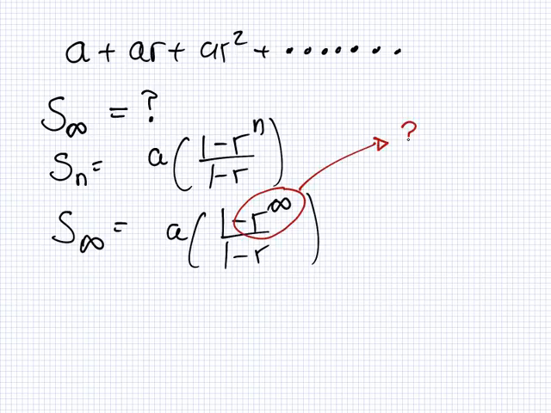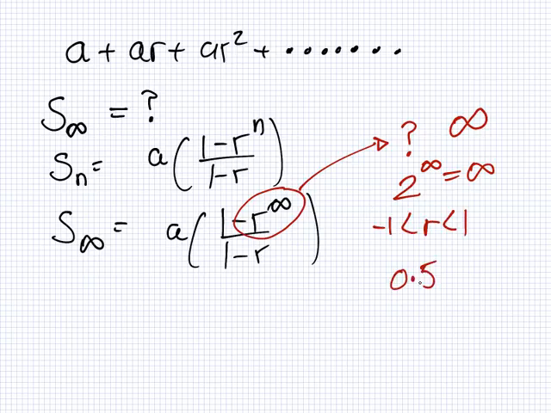Now this r^infinity here, what does that equal? Well, you might think it's infinity, and most of the time that's true. For example, 2 power infinity, that's infinity, because you're going to have 2 power 1 is 2, then 4, then 8, then 16, then 32, and so on. But it's interesting if the r is between minus 1 and 1. So if you had 0.5 power infinity, that's not infinity, that's actually 0.